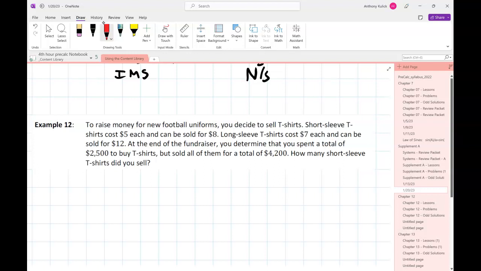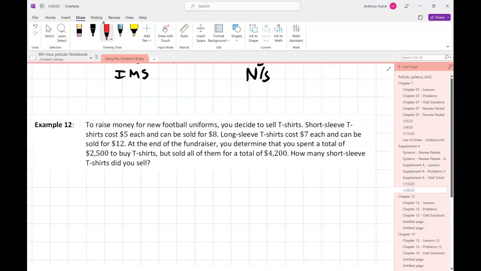I think Caden said he had ACT class last night and they did basically this exact same problem. Doing one of these problems, the hardest part is the setup, translating this into an equation that you can solve. Usually the solving part's relatively easy in comparison.